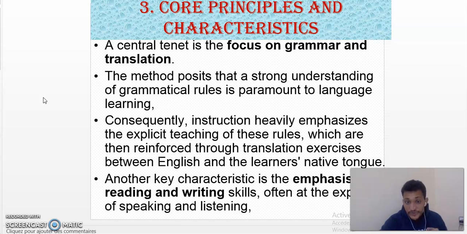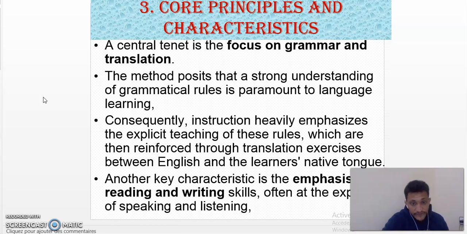The method posits that a strong understanding of grammatical rules is paramount to language learning. So, when learners have a strong understanding of grammatical rules, this will lead them to learn the language, according to this method.